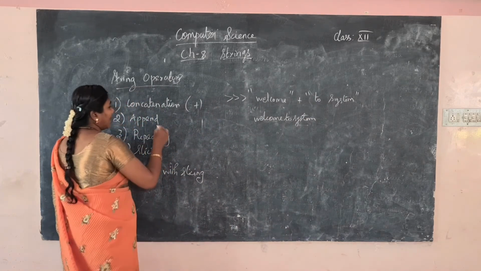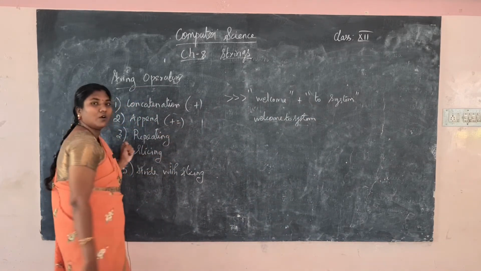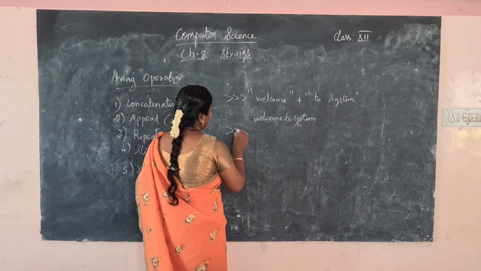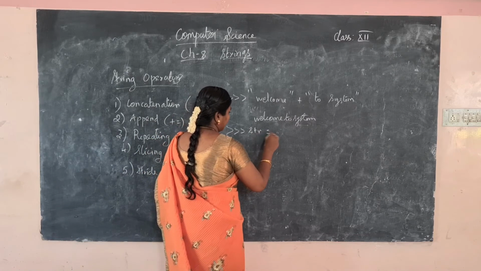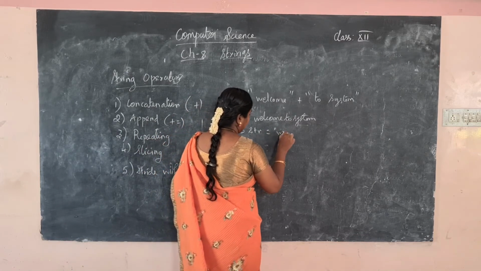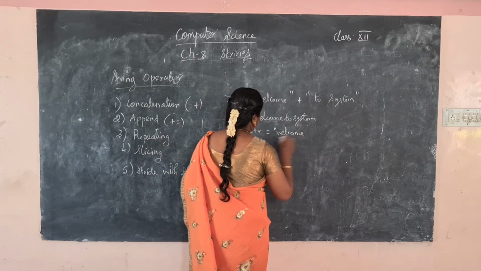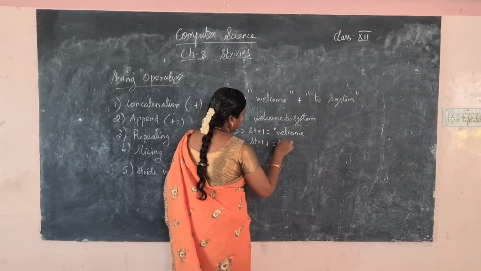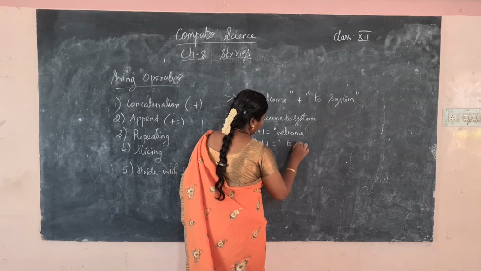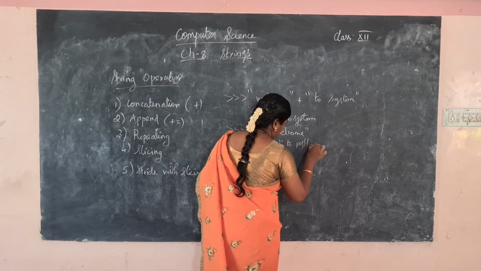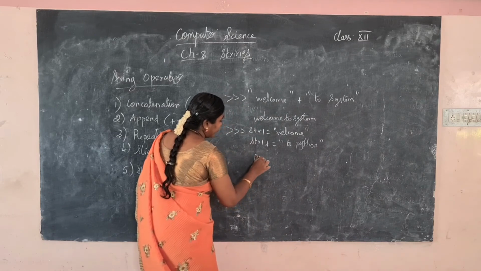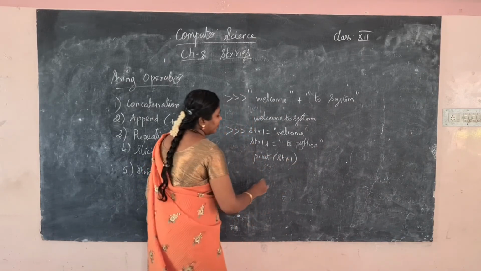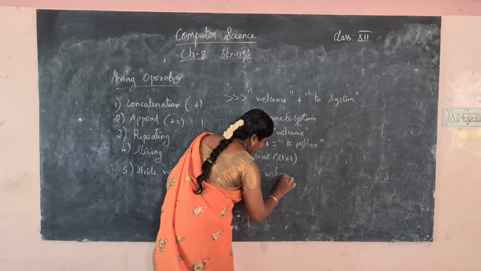And the next one is append, that is plus equal to. If string 1 is welcome, and I have string 1 plus equal to another string, Python, and I am now printing string 1, my output will be welcome to Python.